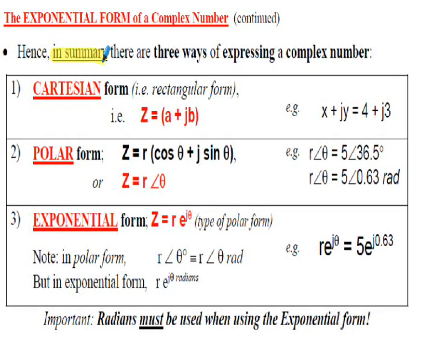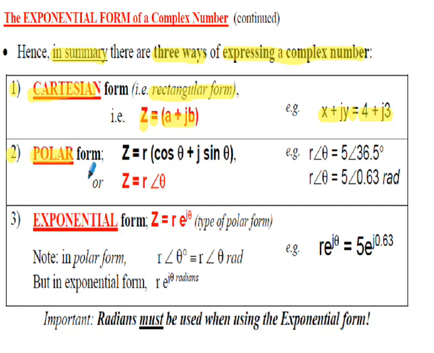So here's a summary of the 3 ways of expressing complex numbers. Firstly, in Cartesian form, sometimes called rectangular form, z is equal to a plus jb. For example, that could be x plus jy is equal to 4 plus j3, where x is 4 and y is 3.